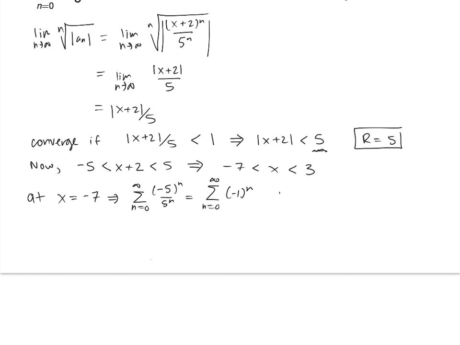No. So this technically diverges by the test for divergence, and the reason is the limit as n goes to infinity of (-1) to the n does not exist, because it's continuously oscillating between 1 and -1. It flip-flops, right?